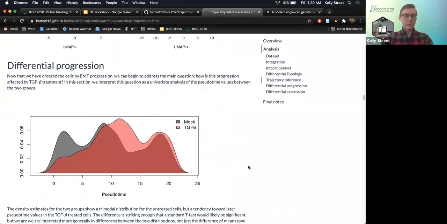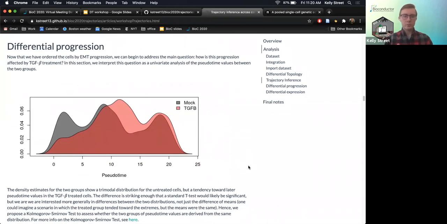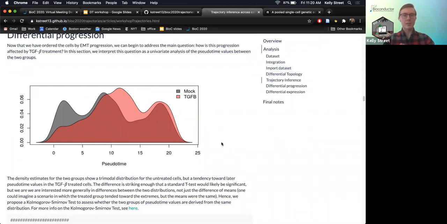So that gets us into the first actual formal test that we run. And this is what we're calling differential progression. So the question here is, if we compare our two conditions along this now common trajectory framework that we've established, do we see any differences between the conditions? We wanted something that sounded like differential expression for this, so we went with differential progression. Just looking at this density estimate of the two conditions, you can see that there definitely is some sort of difference between them.